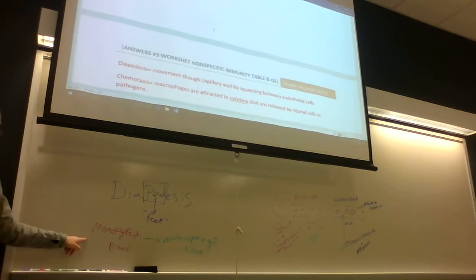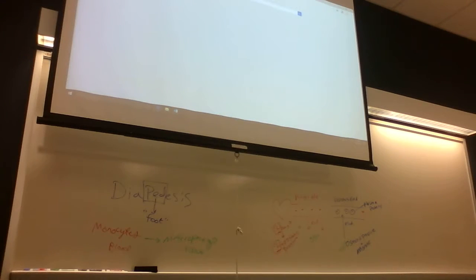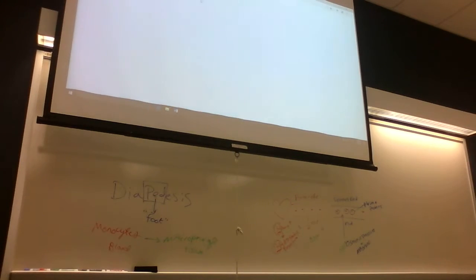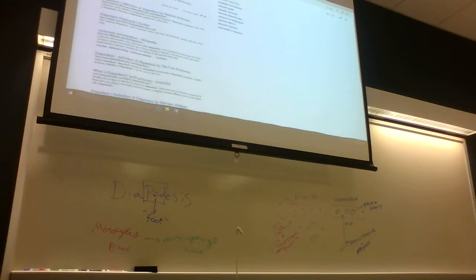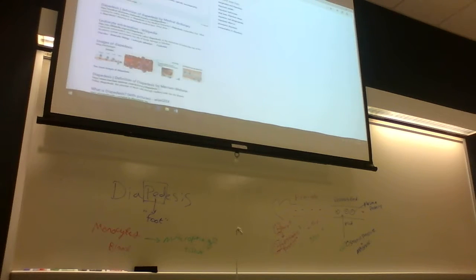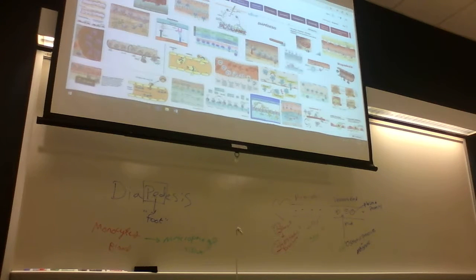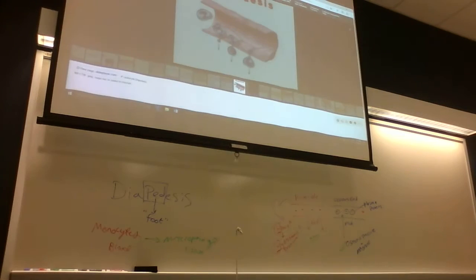So I'm going to pull up a picture of diapedesis really fast. So ped means foot, it is basically stepping through. So diapedesis. And you get a lot of diapedesis with inflammation, but do you see how it kind of steps through?